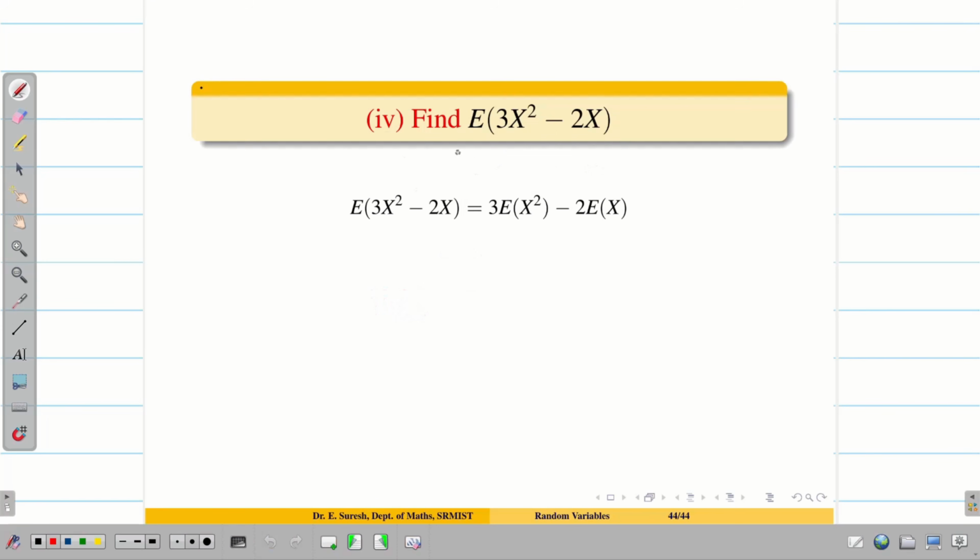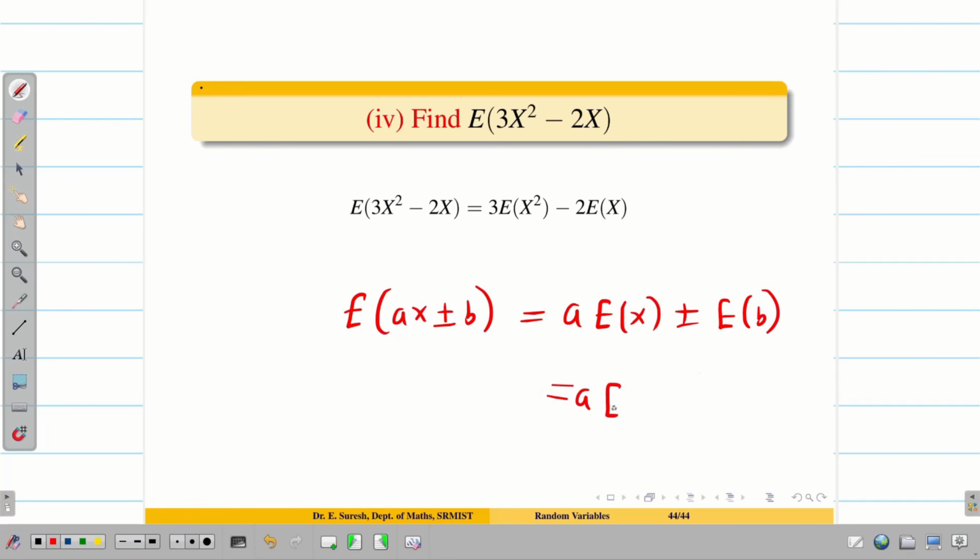Next, we have to find E of 3x square minus 2x. Applying the linear property, we know that E of ax plus or minus b is equal to a into E of x plus or minus b.